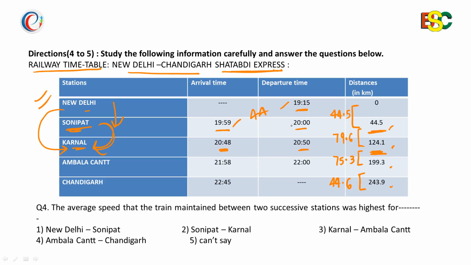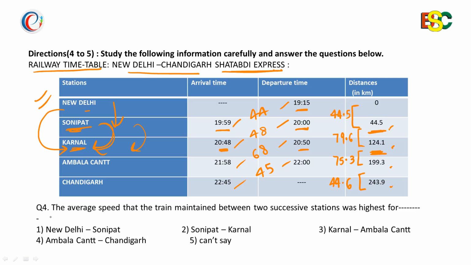Again, it departed from Sonipat at 20:00 and reached Karnal at 20:48. So the time taken by the train from Sonipat to Karnal becomes 20:48 minus 20:00, that is 48 minutes. Similarly, we'll calculate the time between every two stations. Okay, so this is all about this table.